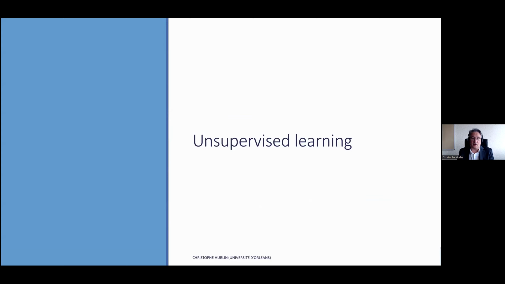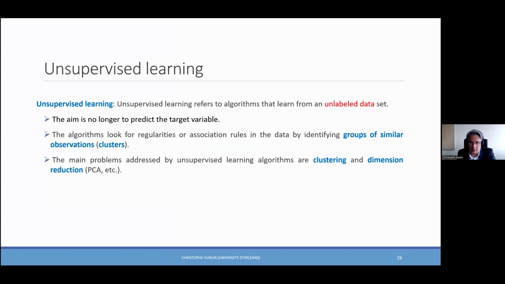Let me say a few words about the other types of learning, which are not in the topic of this webinar, but just for your culture, starting with unsupervised learning. In unsupervised learning, you have unlabeled data, so there is no longer a variable to predict.